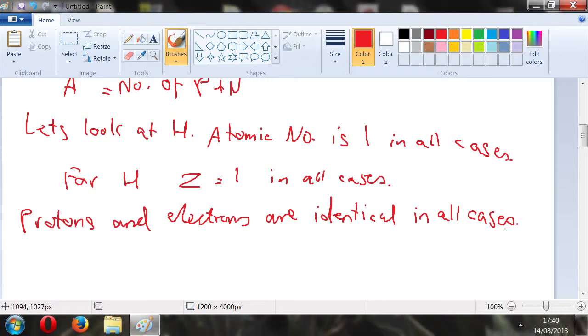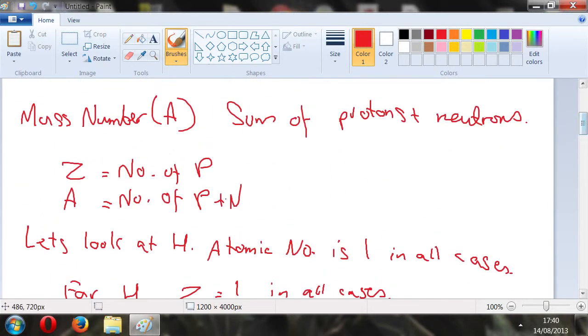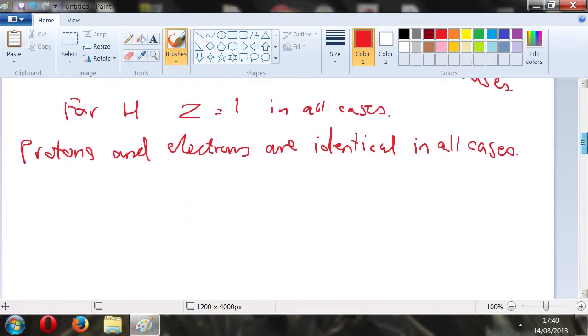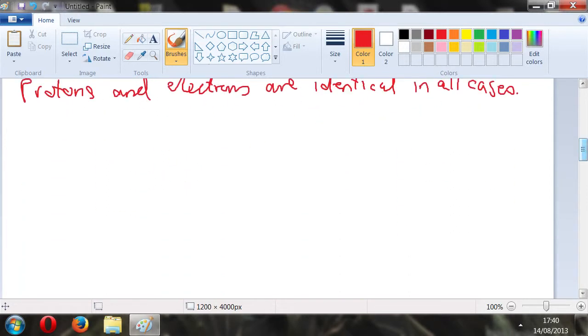All right. So if we're dealing with an isotope, then obviously what's happening, we can see the mass number A is going to actually change because now the neutrons are different. But like I've just mentioned, the Z is going to be the same because that's the atomic number. So we're looking at hydrogen.